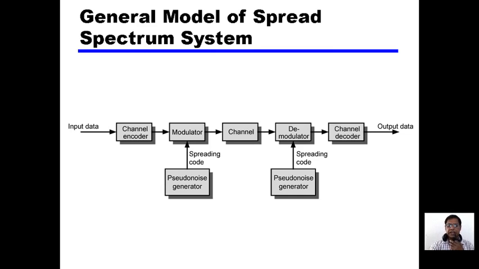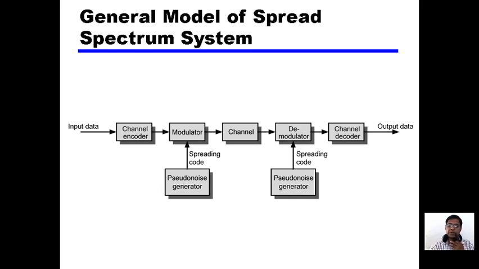If you see the general diagram of the spread spectrum, it goes from input to output. The input data goes to the channel encoder. Before transmitting, some code is given to the channel data, and the modulator transmits it. The spreading code, that is the pseudo noise, is generated when it is transmitting, and some disturbance may also be added to that.